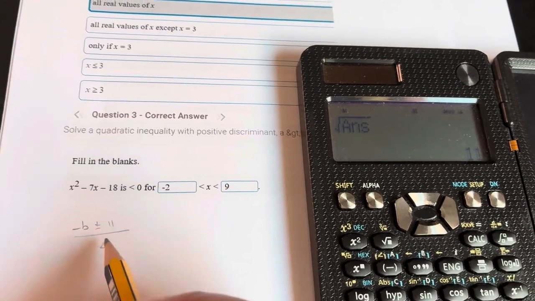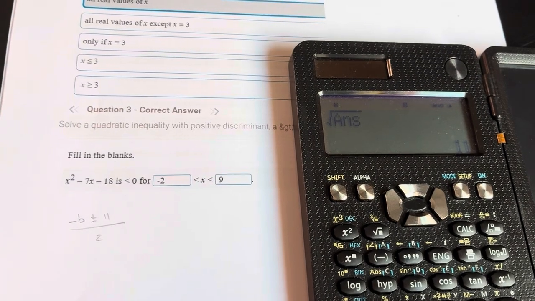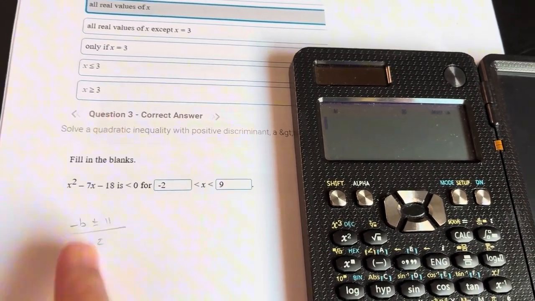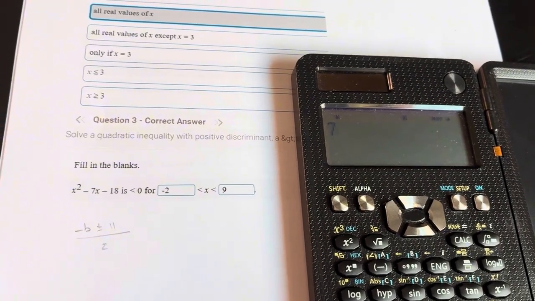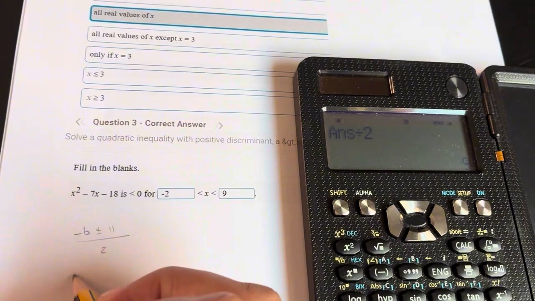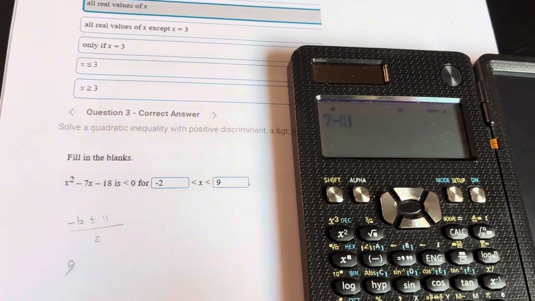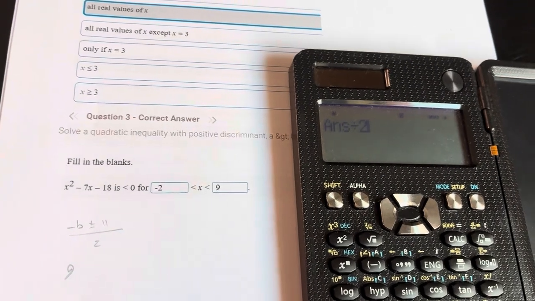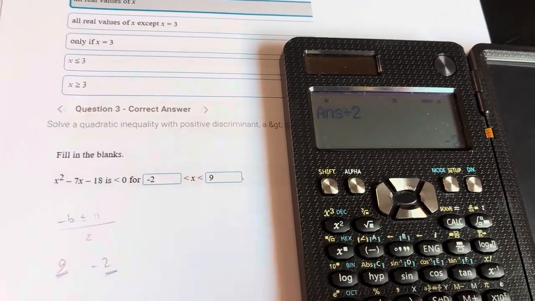My first root: minus b is 7, 7 plus 11 over 2 is 9. The other one is 7 minus 11 over 2. The other root is minus 2.